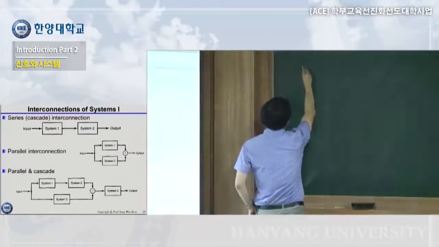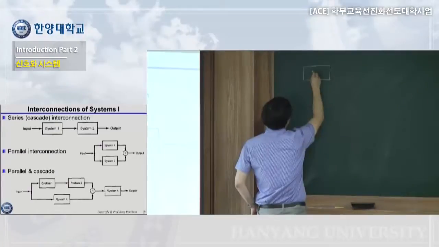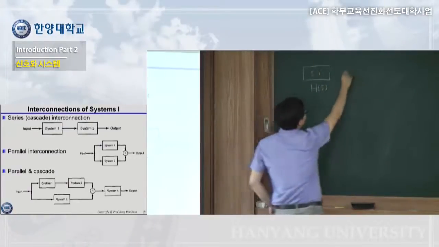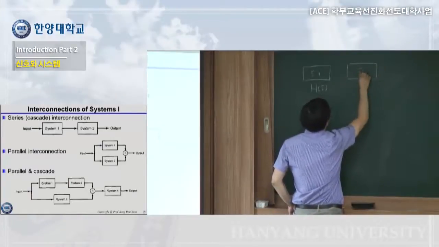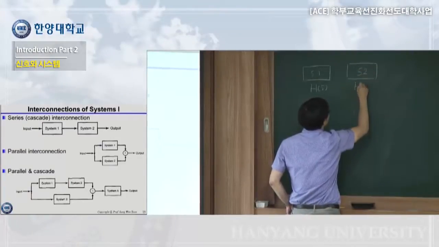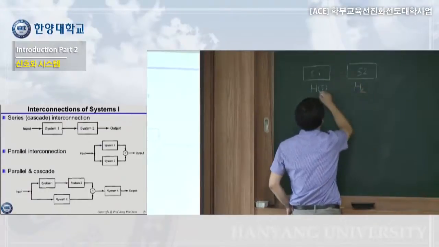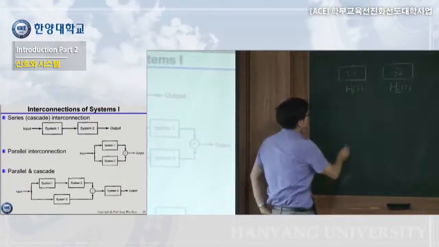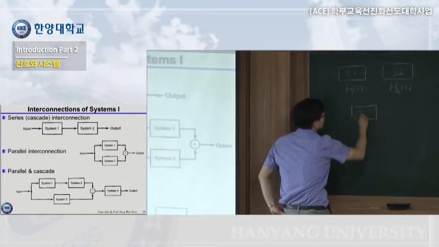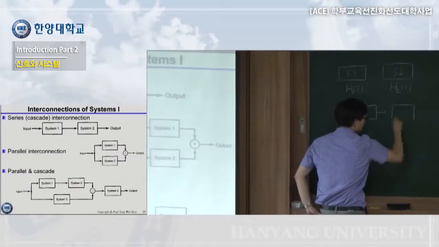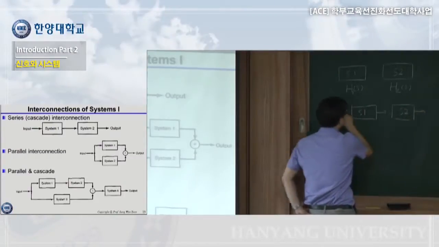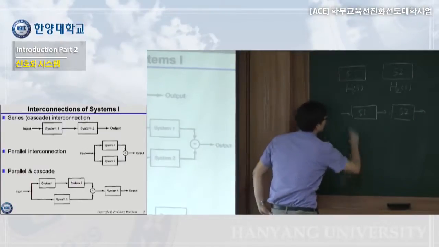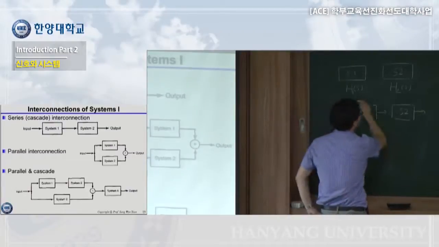Let's say the transfer function of system 1 is H1. The transfer function of system 2 is H2, let's say like this. If they are cascaded, how can we find the system function of all of these?